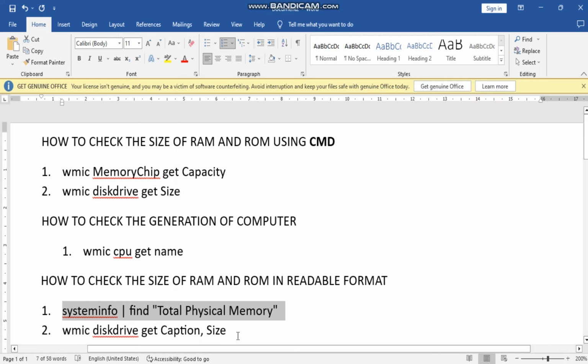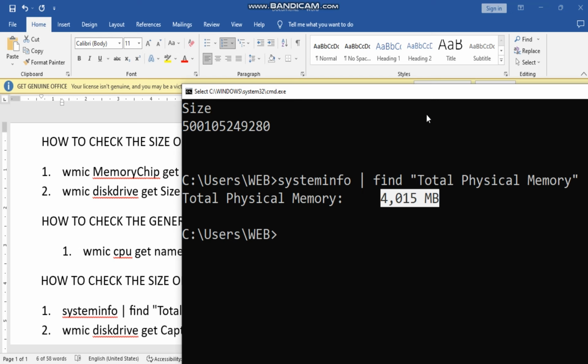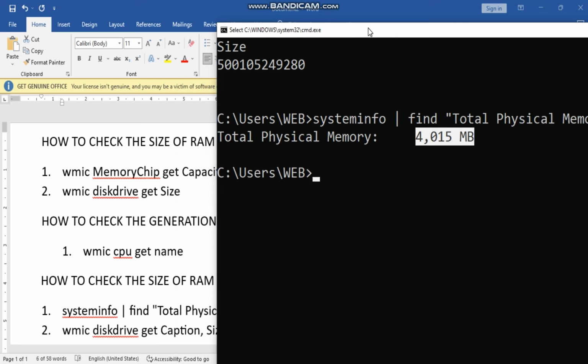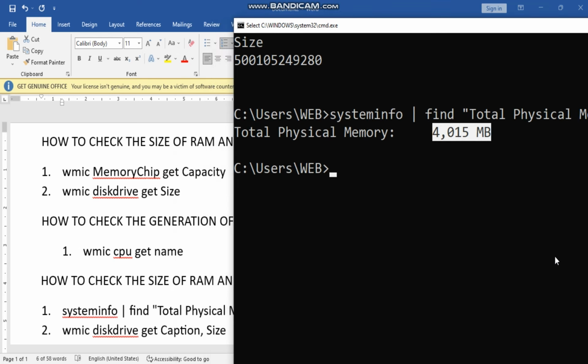What about if we want to understand the size and the name of the hard disk that we're using? Here we can write wmic diskdrive get caption, comma, size.